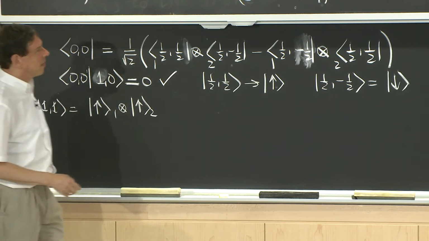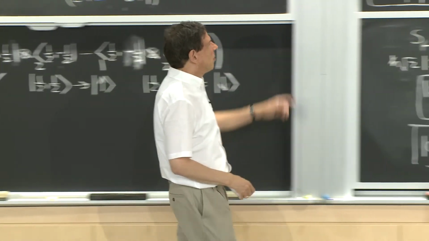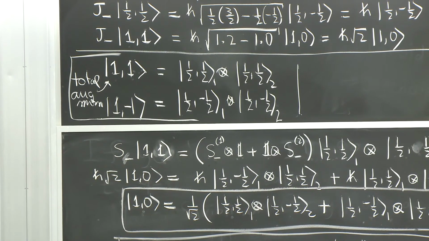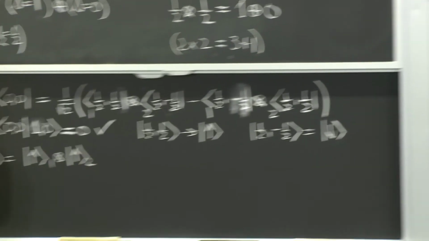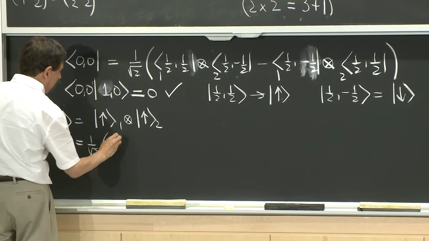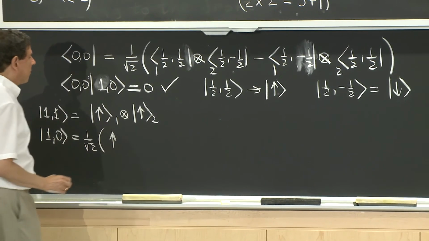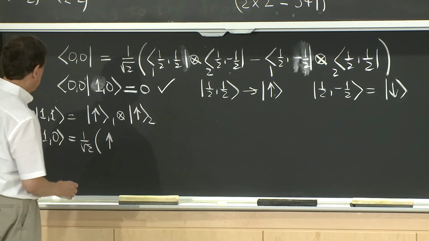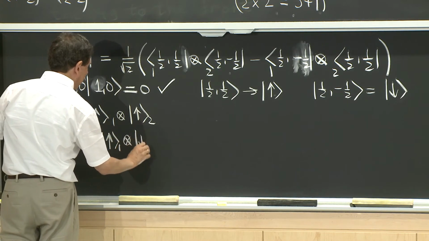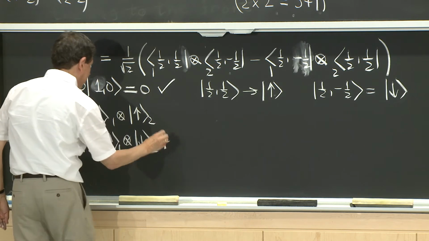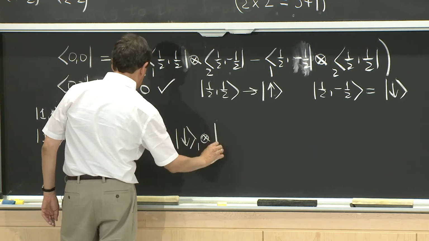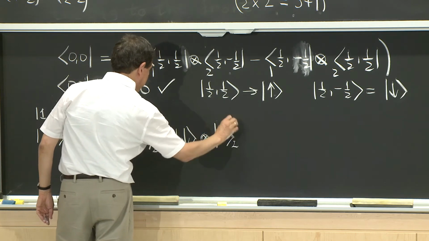A little briefer already. The 1, 0 state would be 1 over square root 2, arrow up for the first, tensor arrow down for the second, plus arrow down for the first, tensor arrow up for the second.